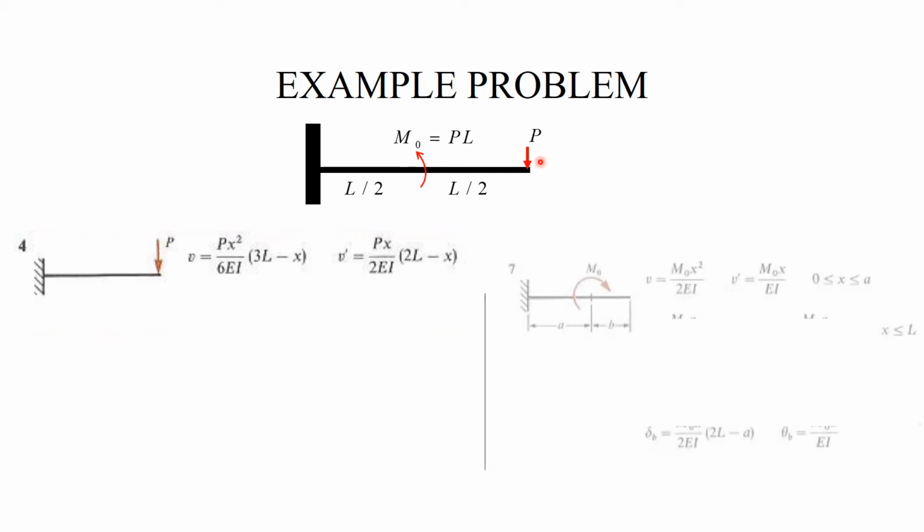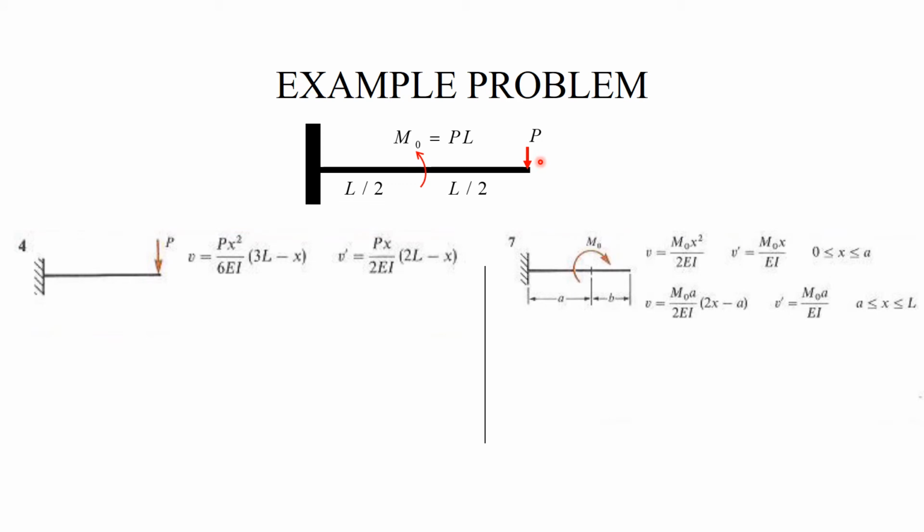And the second table is for a beam loaded by a couple somewhere in the middle. It's table 7. And now let me use this expression evaluated at x equal to L, because I'm interested in the deflection of the tip.